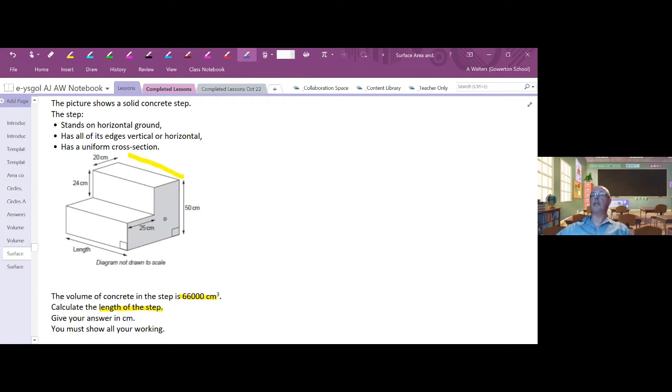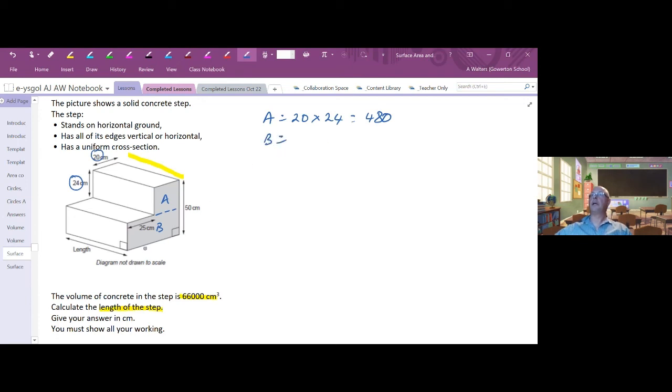I'm going to work out the cross-sectional area first. So I'll split it up into an A and a B. This is A, this is B. You may have split it up another way. So I'm going to say A is equal to 20 by 24, and it's 480 centimeters squared.